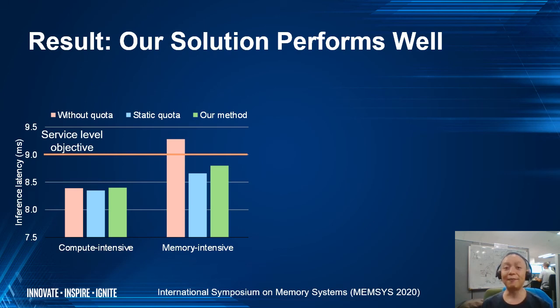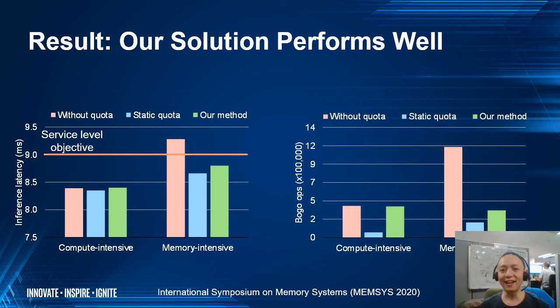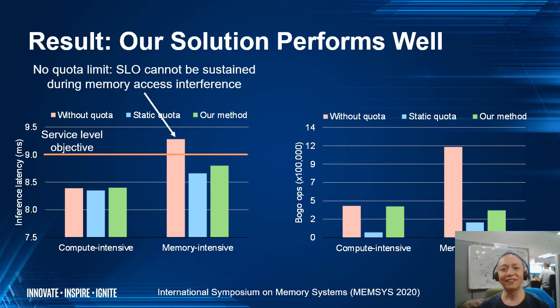Here we show the experimental results. On the left side, we check whether the service level objective of DLRM is sustained or not. On the right side, we show the throughput of stress-ng. We can see that without further quota limit, the service level objective cannot be maintained in the memory-intensive scenario during memory access interference.